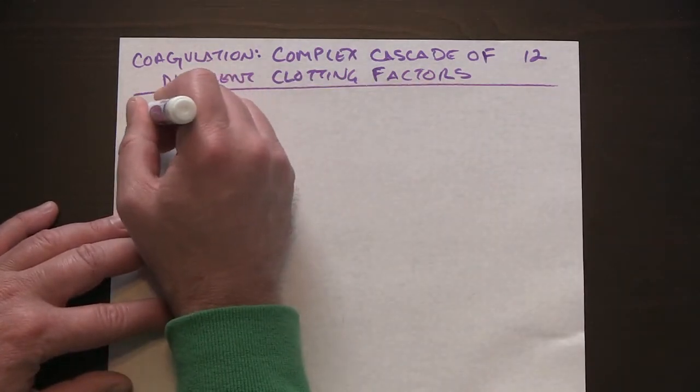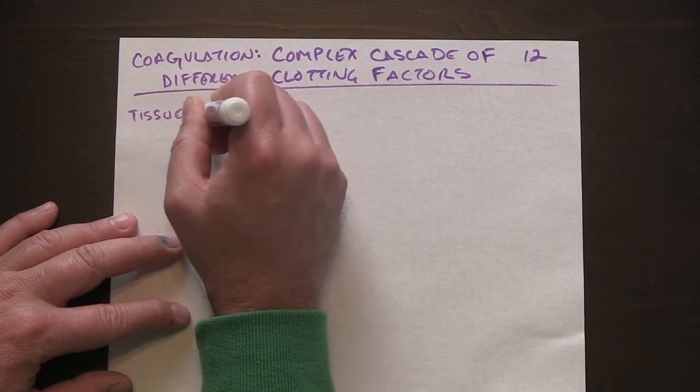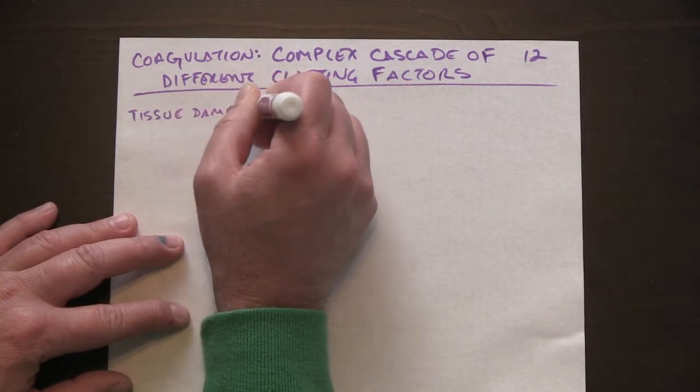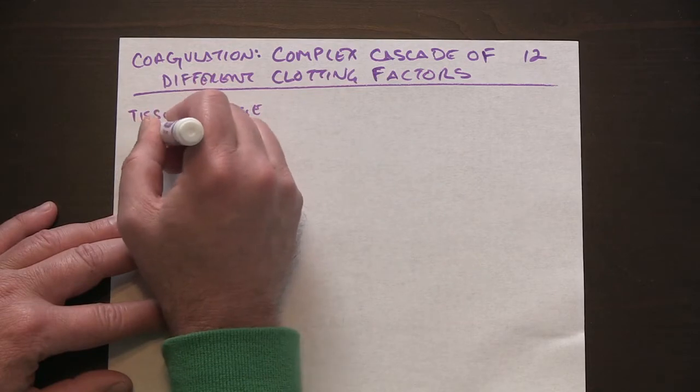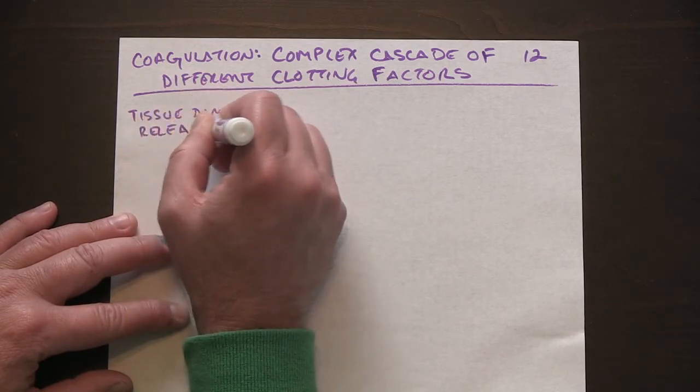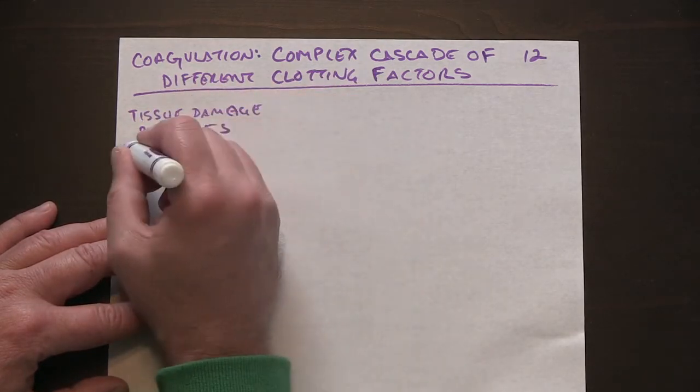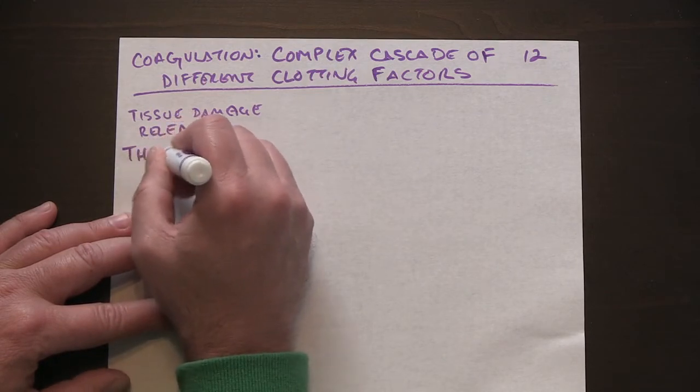So this all starts with tissue damage. And when you get tissue damage, your body releases a factor called thromboplastin.